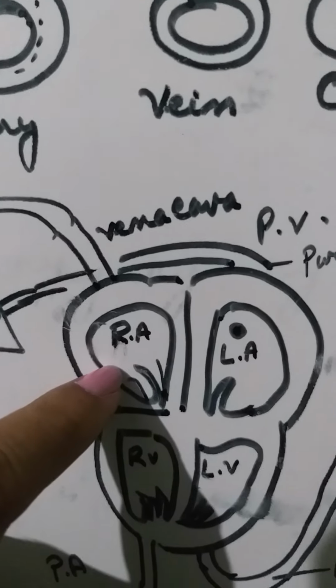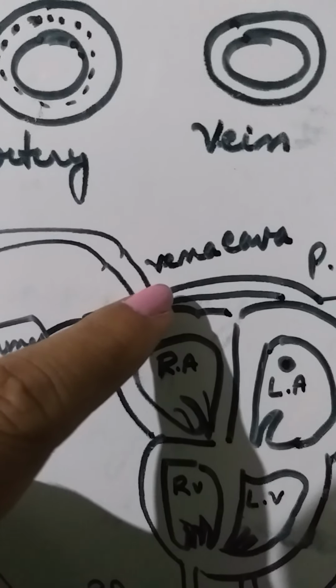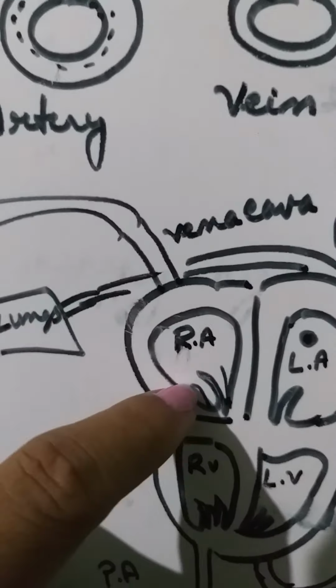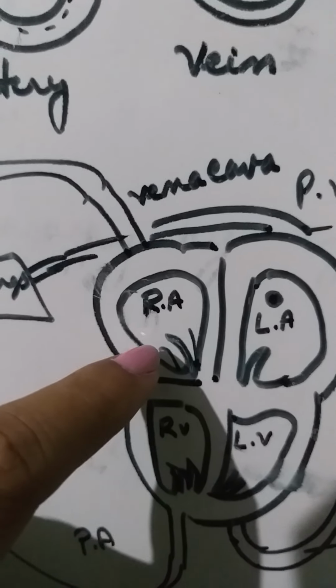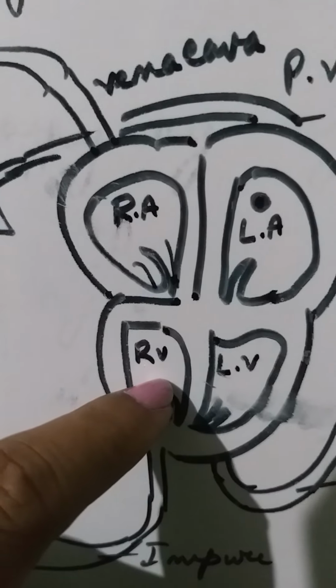The right auricle, where you see the vena cava written, forms the receiving chamber of the deoxygenated blood from all throughout the body. From the right auricle, the blood goes to the right ventricle, and from the right ventricle, you see it is written PA, the pulmonary artery. The pulmonary artery takes the blood to the lungs.